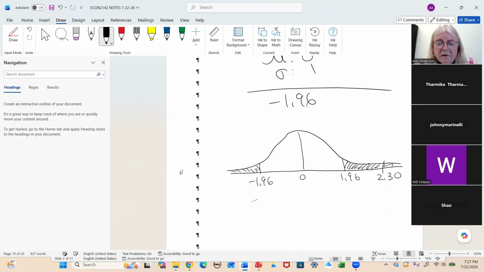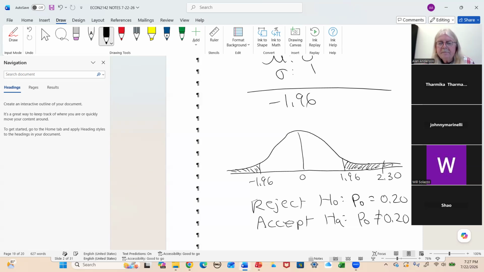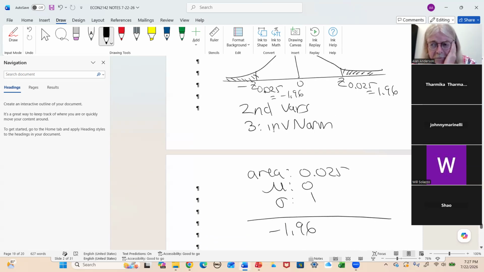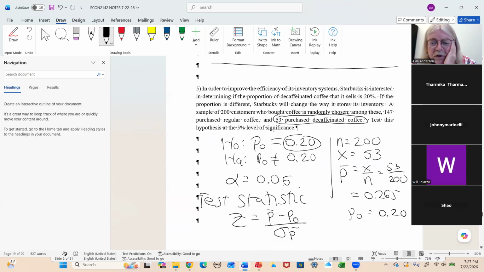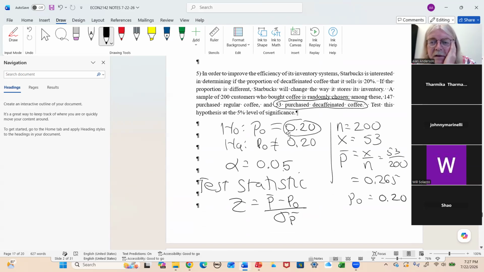So clearly the null is rejected. And we accept the alternative that it is not 20. So now they're saying that the proportion who like decaf is different from 20%.